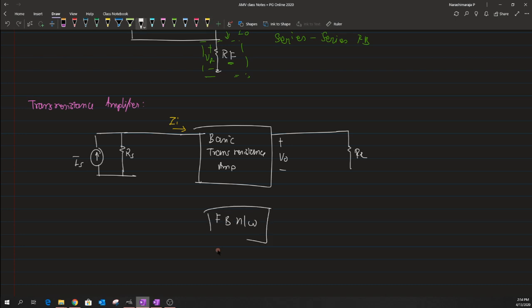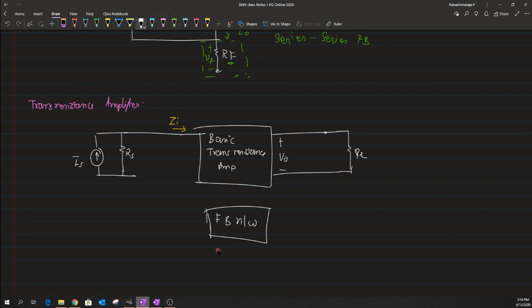Now let us try to have our feedback network, which is again modeled as a kind of ideal network here, and we know that we want to sample the voltage of this basic amplifier. So the type of connection that I have to make is a shunt connection, just because of something like a voltmeter that we have.